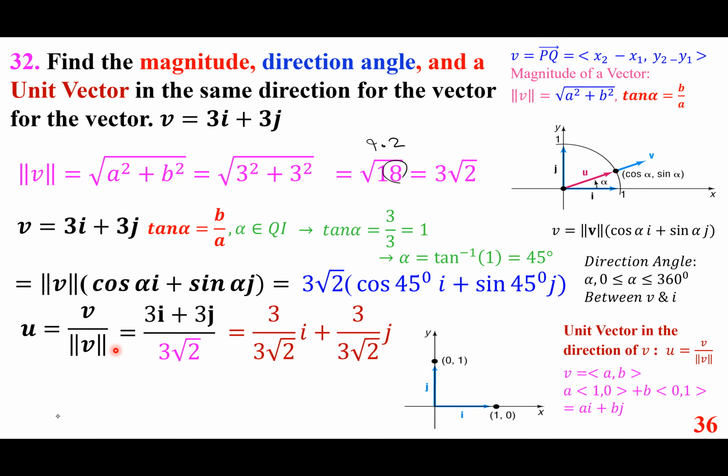When we do that, you get 1 over square root of 2. And I hope you remember 1 over square root of 2 is the same as square root of 2 over 2. Just to remind you, 1 over square root of 2, if you multiply by square root of 2 over square root of 2, you get square root of 2 halves, okay?